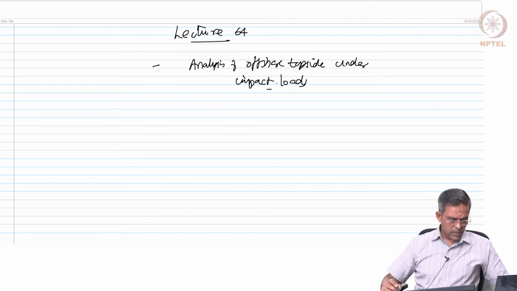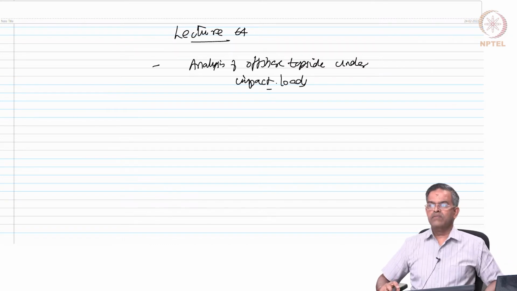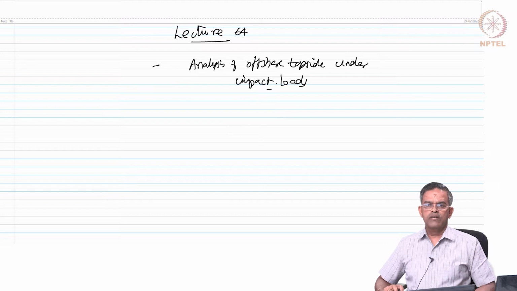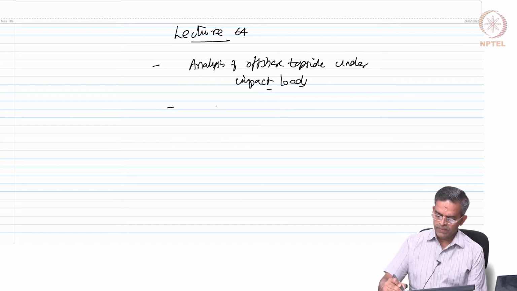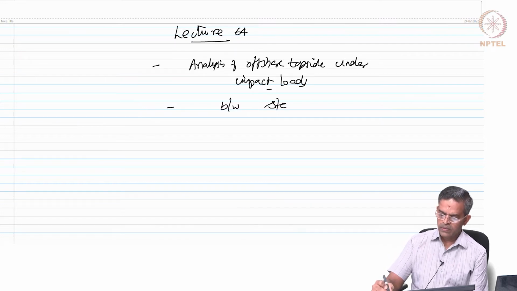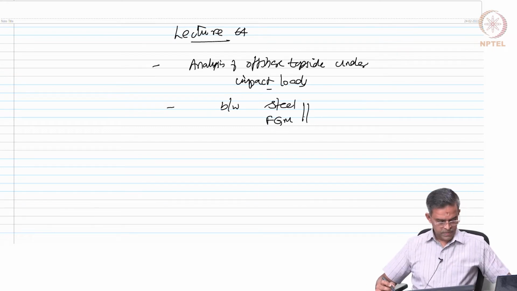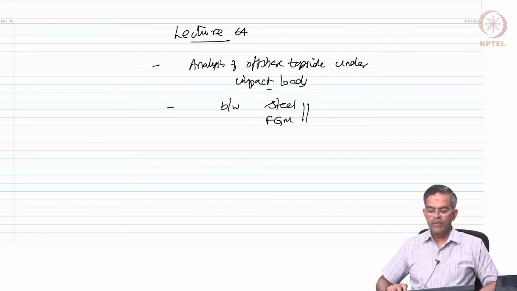It's a thorough design example where the excerpts of the design is being projected and discussed for you. So, in this example, we are going to discuss the analysis comparison between steel and functionally graded materials.